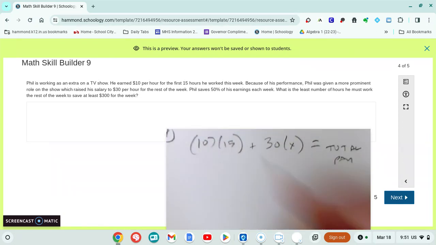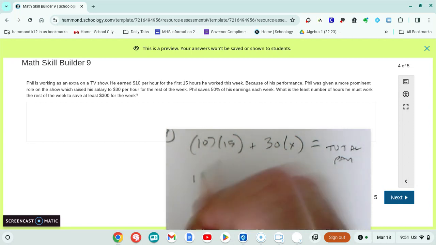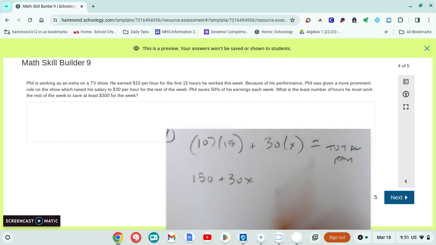So if that's the case, let's see what's going on here. 10 times 15 is 150, plus 30 times x. All right, he's trying to save at least $300. But recall that that's half of his total pay. So if these two things add up to his total pay, and we took half of that, we need to double that 300.